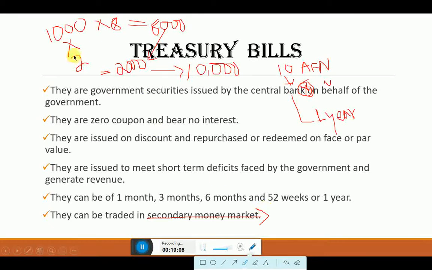For example, I bought 1,000 units of treasury bills, each one costing 8 Afghani, and I invested 8,000 Afghani. If I wait for 1 year, I'll receive 10,000 Afghani, which means I am earning 2,000 Afghani. But after 6 months, I need the money.